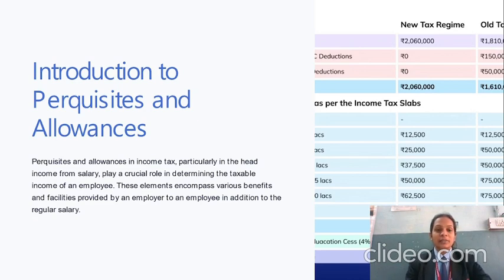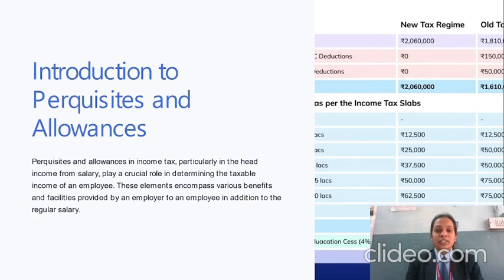Allowances are in the form of cash, the monetary payments made by the employer to their employee over and above the basic salary of the employee. They can be divided into some categories.